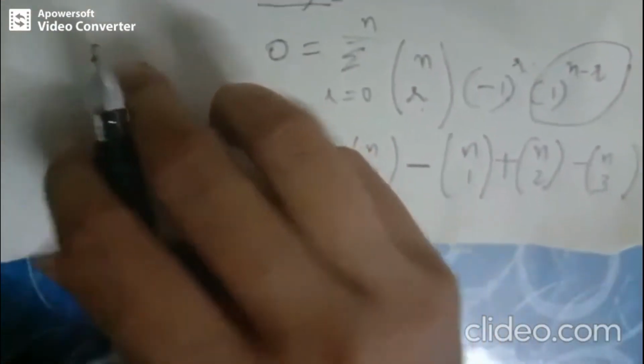When you substitute the last value, that is n, what do you get? Plus minus 1 raised to n, in place of r you are substituting n, so minus 1 raised to n, nCn.